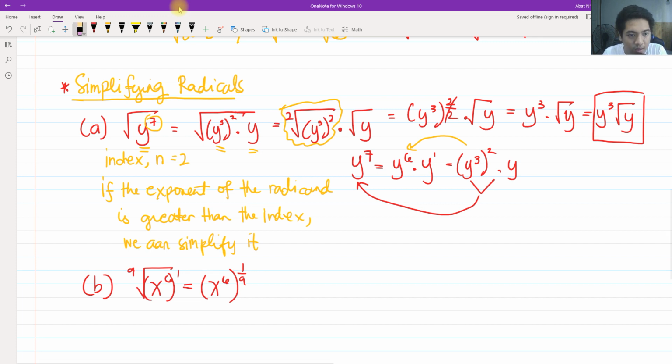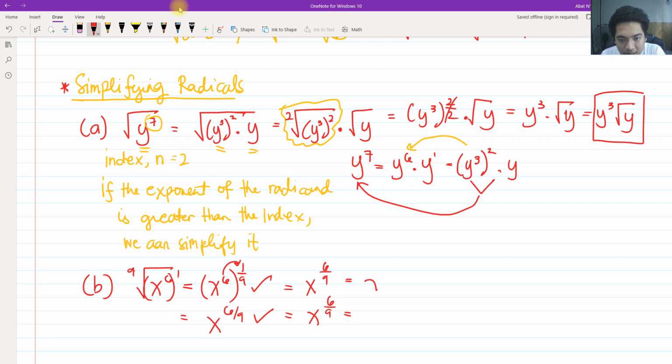Or you can simply rewrite this as x raised to 6 all over 9. Either one, no problem. If you group x raised to 6 into an exponent of 1, you still multiply 6 times 1 over 9, so that becomes x raised to 6 all over 9. We can simplify this: x raised to 2/3.